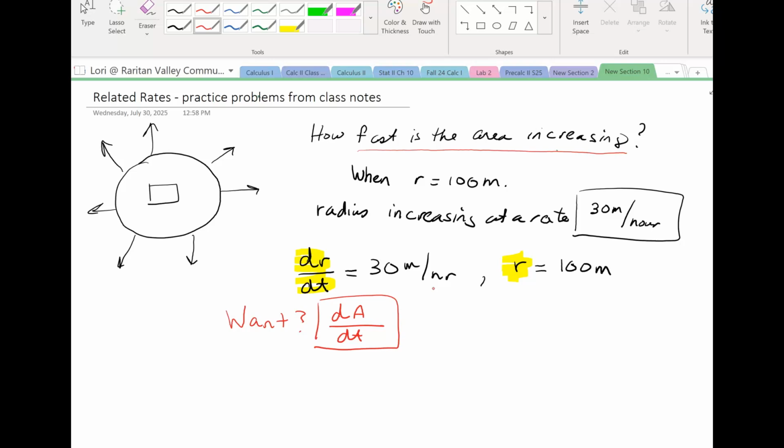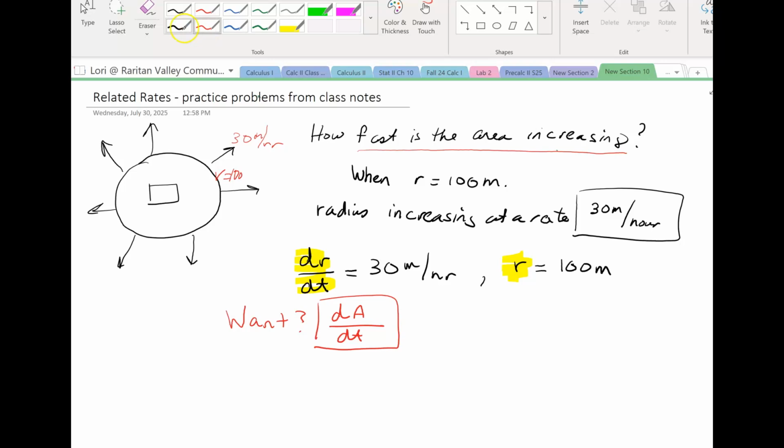Anytime you are decreasing, you are going to write that rate of change as a negative, but our radius is increasing. And we want to know exactly, when that's 100, what is the rate of change of the area? Okay, so take that time. It'll make the rest of the problem so much easier to define everything.